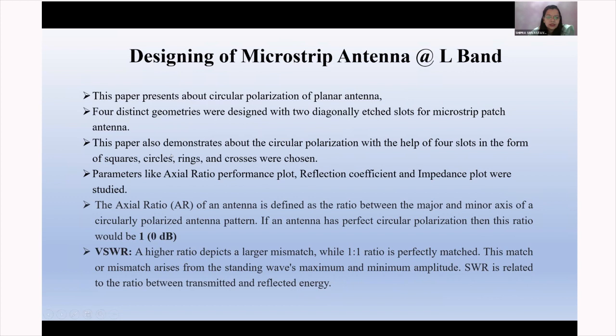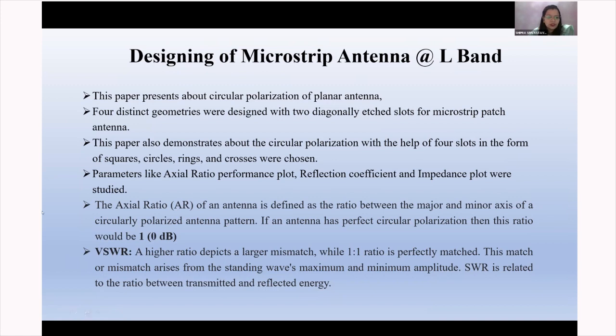From these designs I have simulated on the i3D simulator, and I have found some responses which show the circular polarization. I have studied parameters like the axial ratio performance plot, reflection plot, and impedance plot. By the axial ratio parameter, I can prove that my antenna is radiating in a circular manner, so we will say this is circular polarization.